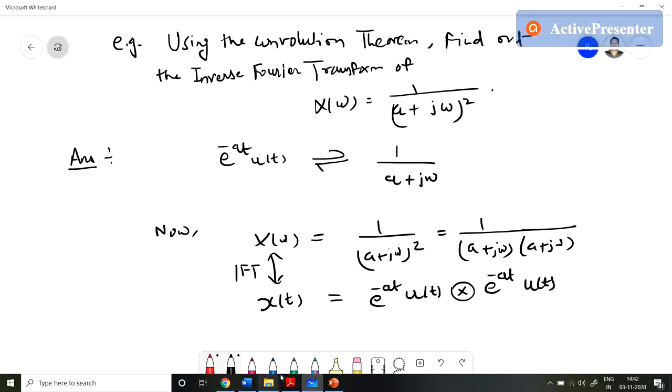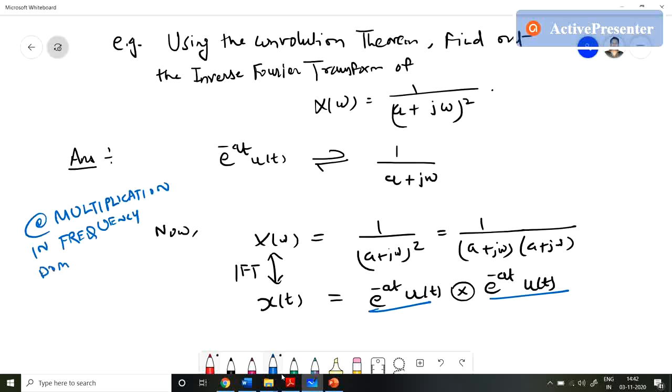Here we have applied the property that multiplication in frequency domain is equal to convolution in the time domain.